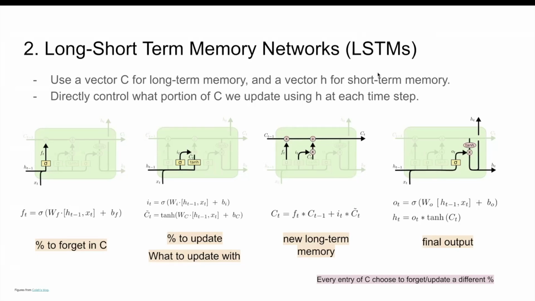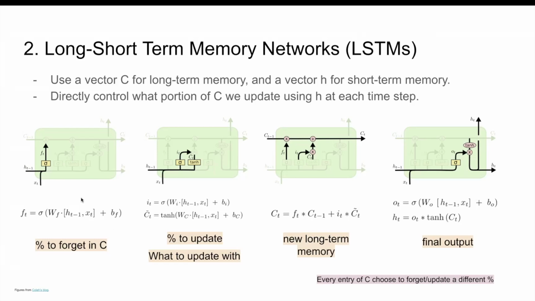And we also talked about the vanishing and exploding gradient problem. One way to deal with this exploding gradient problem is via the LSTM. It's not important to memorize all the formulas.